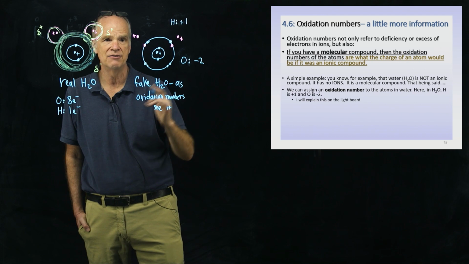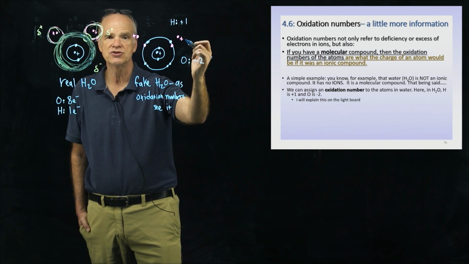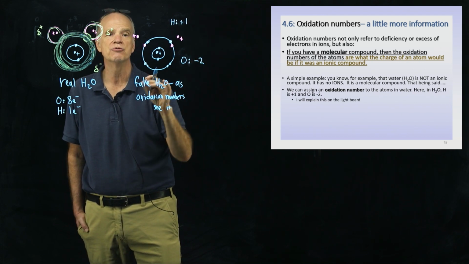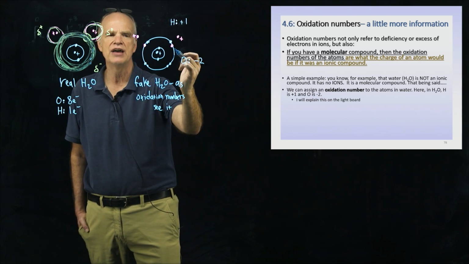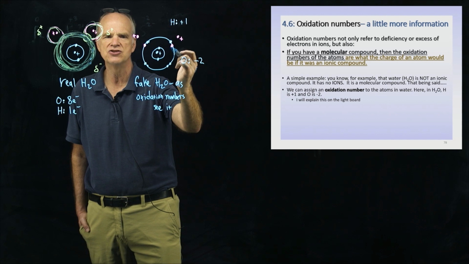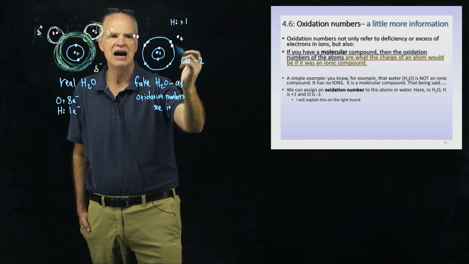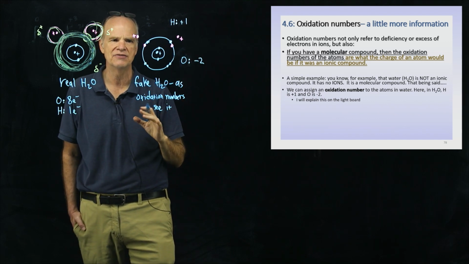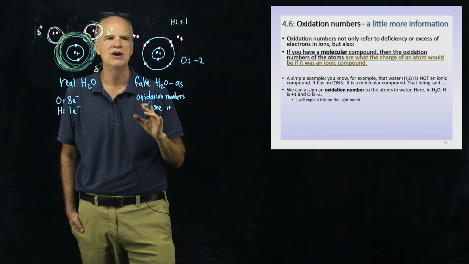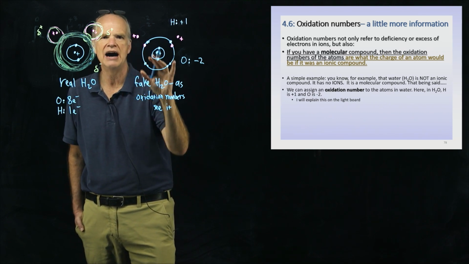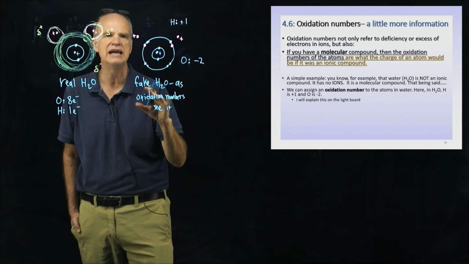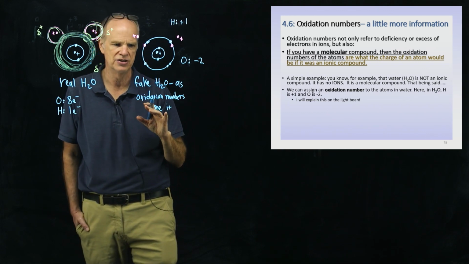We pretend that we instead have transfer of electrons from one atom to another. So we pretend that the compound is ionic. Now, how do we know that electrons are being transferred from hydrogen to oxygen and not from oxygen to hydrogen? Again, that is something you'll have to learn about later. But the point is, with molecular compounds, we pretend they are ionic compounds, and that is the way we can assign oxidation numbers.